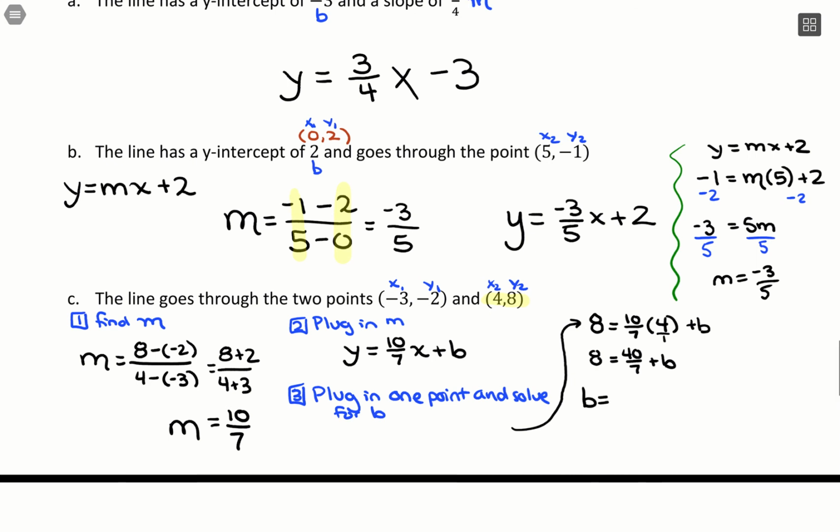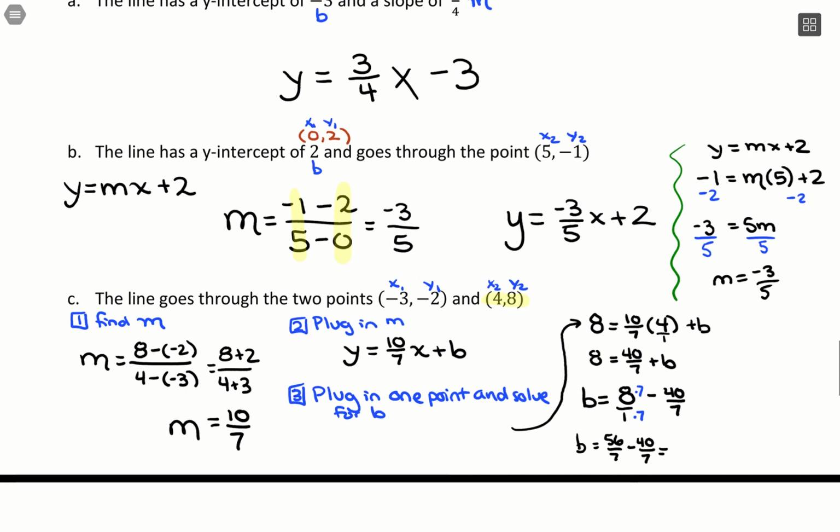So solving for b, we have 8 minus 40/7. And then to combine those, if we're showing our work, or you could just use the calculator, this is the calculator section. If you just want to use the calculator, that's fine, but it doesn't hurt to see more fractions. This is our 8 over 1, so we need a denominator of 7. So you'd multiply both by 7. So you'd end up with 56 over 7 minus 40/7. So this will reduce down to 16/7.